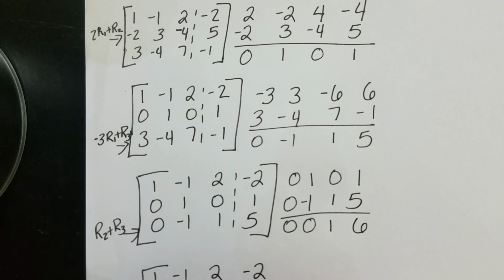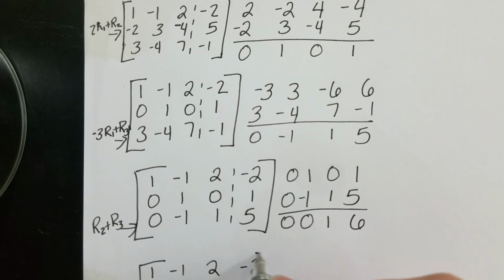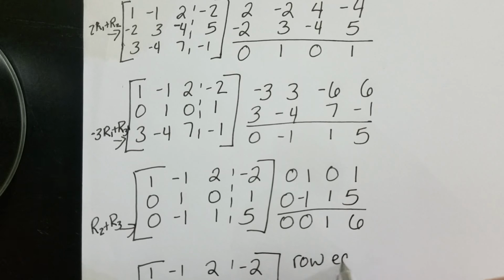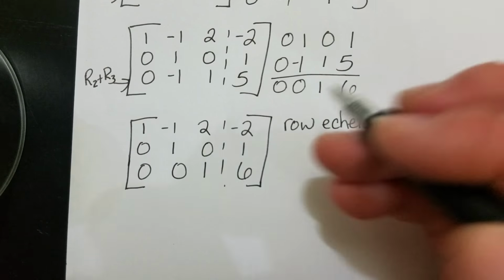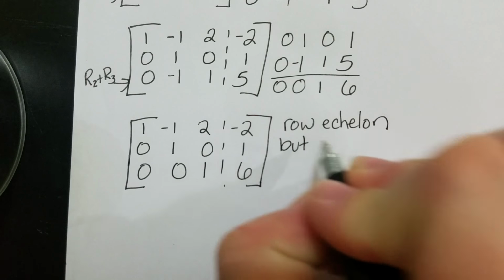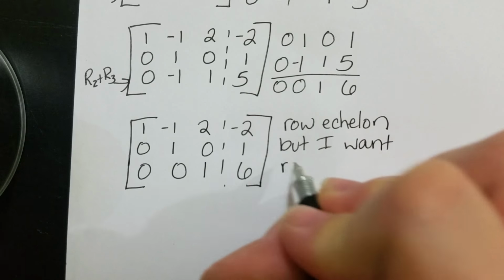Second row stays the same. Third row. Okay. Now this is row echelon form. Sorry, I just realized you couldn't see that. Okay, row echelon, but I want reduced row echelon.